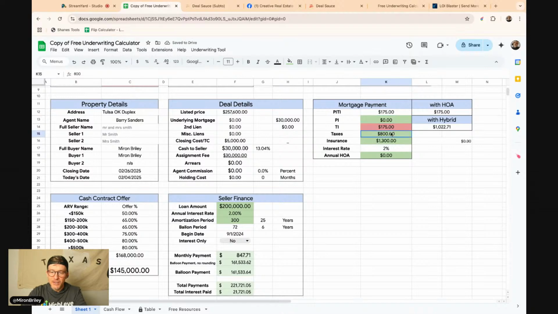I still had my PI from my mortgage in there. The PI is for the mortgage payment, if you have an underlying mortgage, but now the PI is going to be replaced with the seller finance monthly payment. That's pretty close. So maybe the taxes are like 1100.